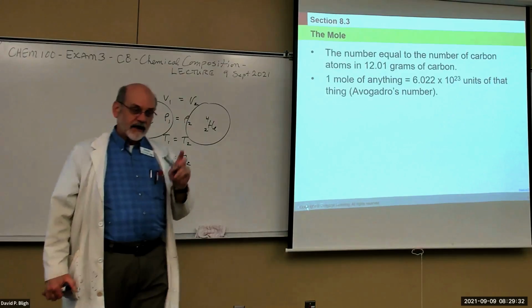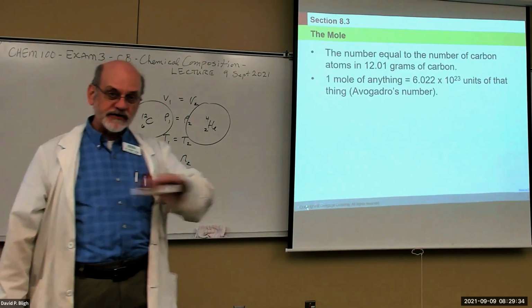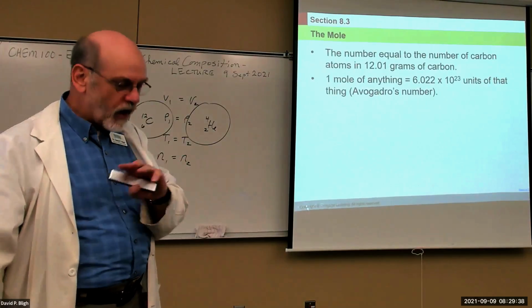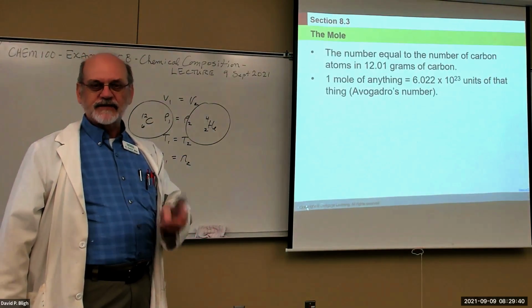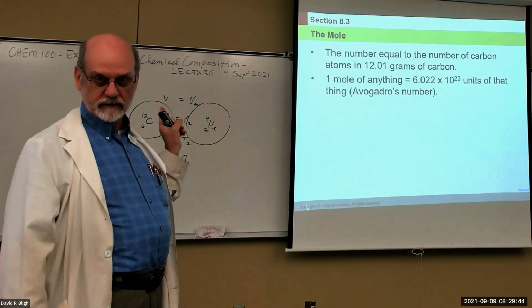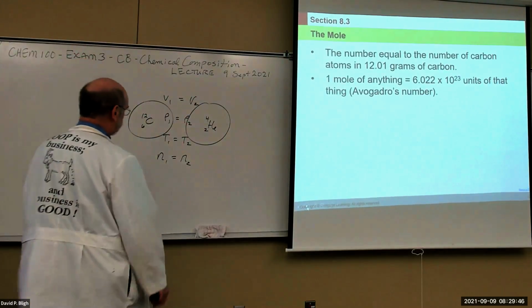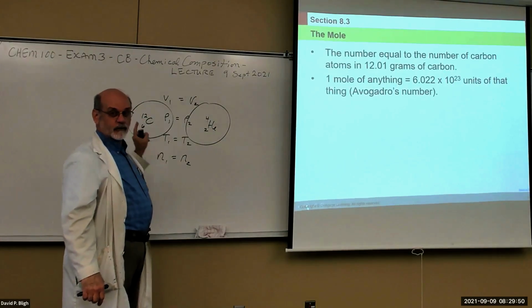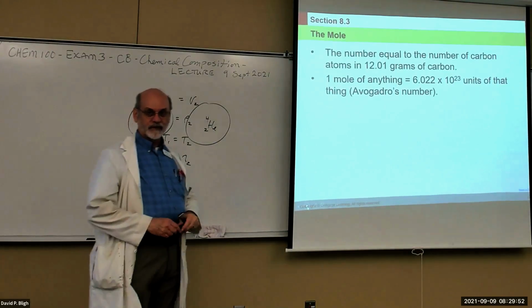How do you explain different masses when they're all the same numbers of particles, the same numbers of atoms? The only explanation is that each atom has a different mass than the other one. So this one must be 1/3 the mass of that one. Okay?